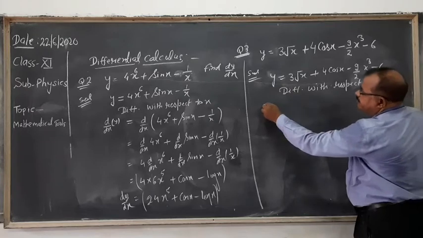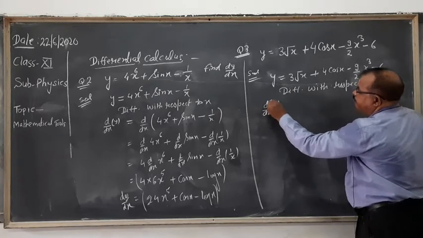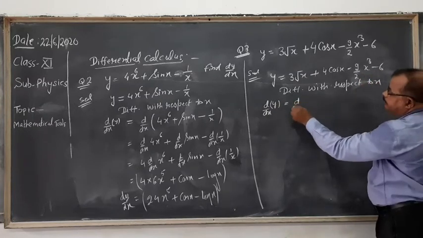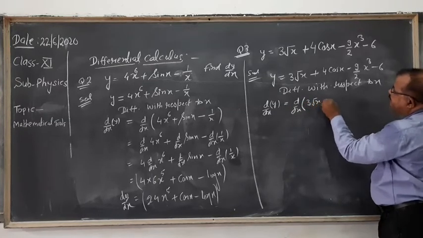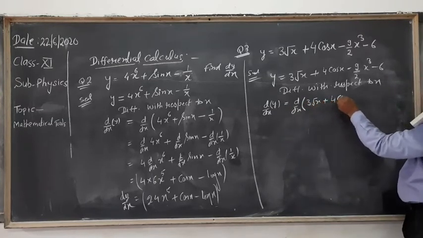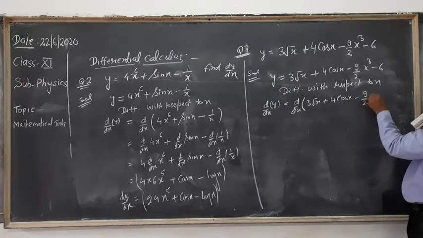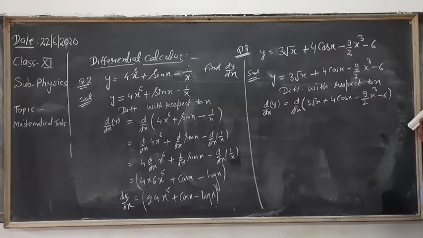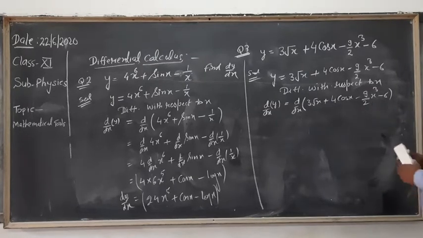In LHS it is dy by dx of y, and in RHS dy by dx of 3 under root x plus 4 cos x minus 9 by 2 x cube minus 6. Now this dy by dx will distribute in all these 4 terms.